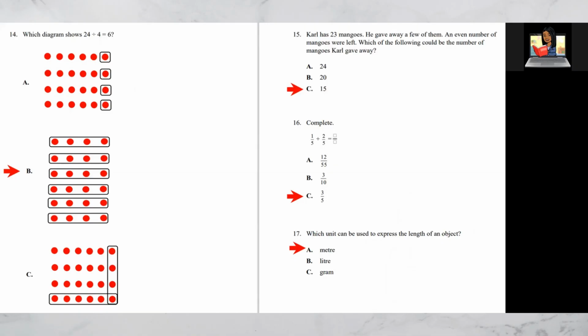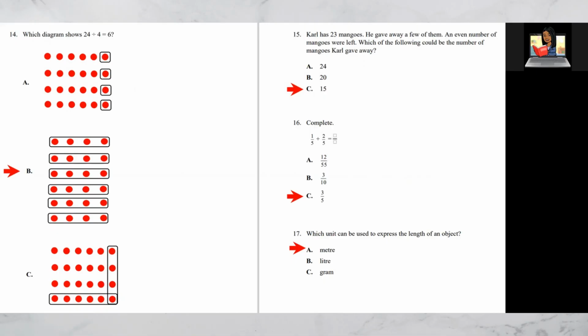All right. So say, for example, he gave away 9 mangoes. All right. No, not 9. We have to use the numbers that are here. So if he gave away 24 mangoes, that is impossible because he only has 23.